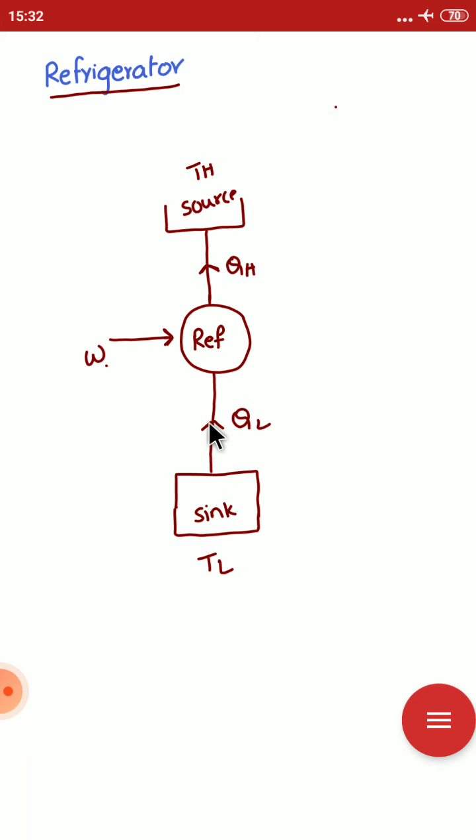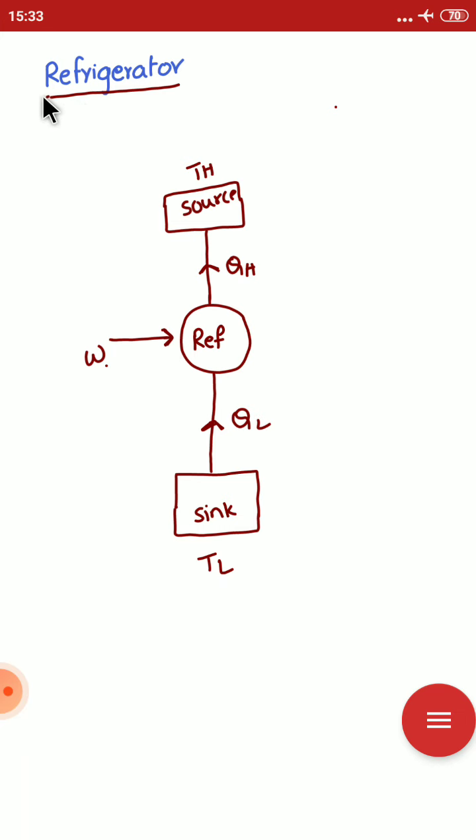It absorbs the energy as heat from the lower temperature body and delivers it to the high temperature body when external work is acting upon it.